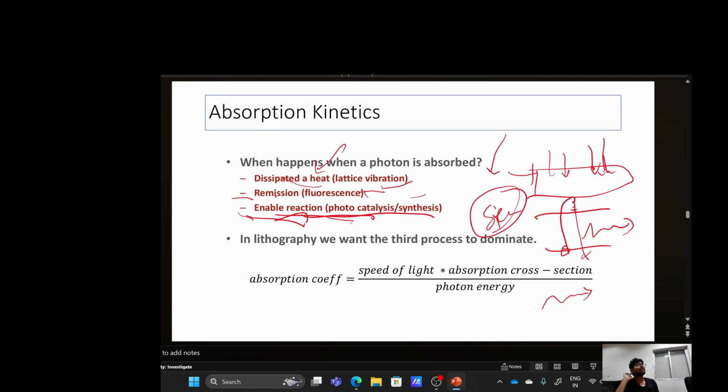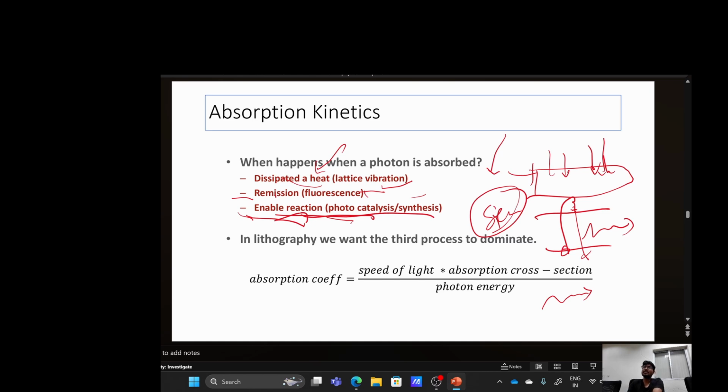If there is a breaking of bonds because of that light, then the dissolution of that photoresist is improved. It is more soluble than the rest of the thin film where the light is not falling.